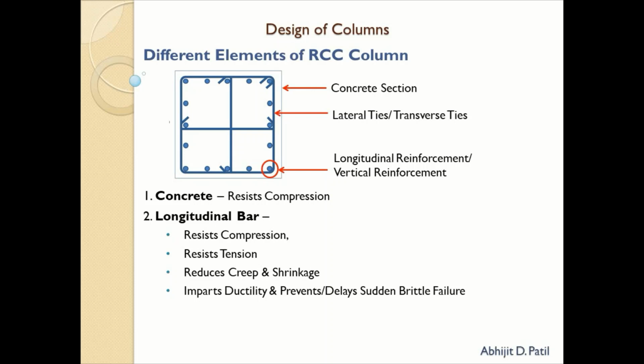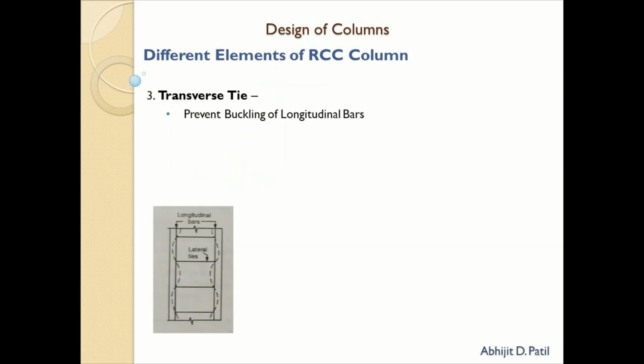And the third is lateral ties or transverse ties. So we will see what is the role of transverse tie. You can see this vertical reinforcement longitudinal bar. It may buckle if it is not supported.